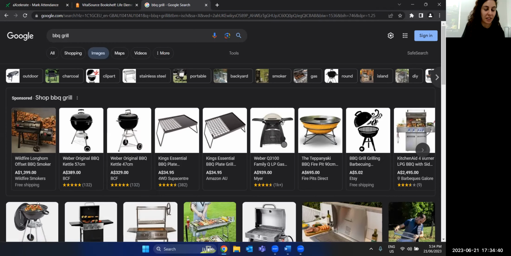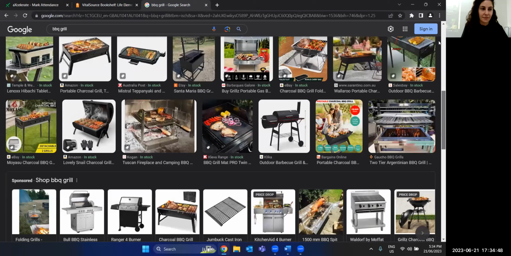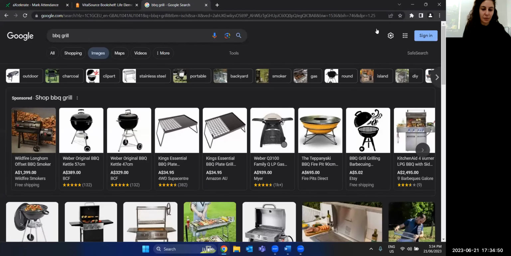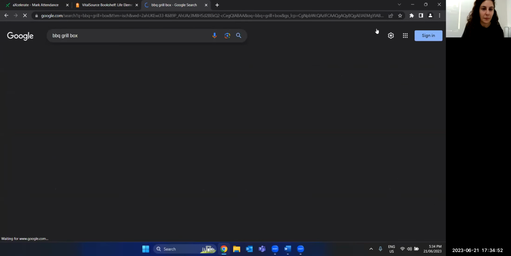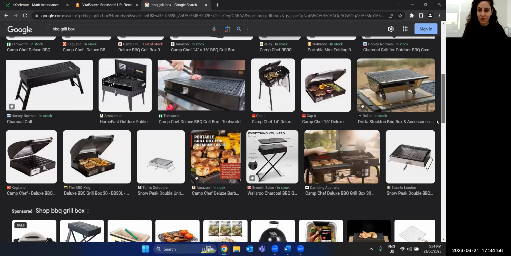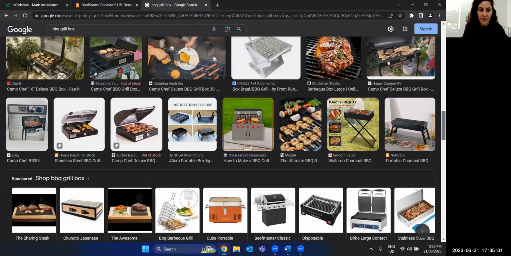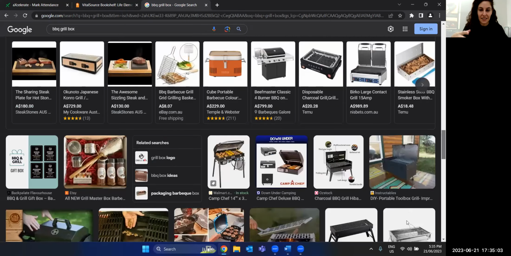And it says, thank you for buying this home barbecue grill. So a grill where you can cook barbecues. So it's inside the box for this. There's not one that's inside the box because these are all opened. But you can imagine when you buy this from the shops, it's inside a box.